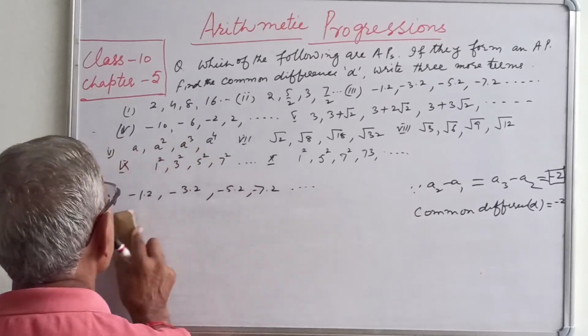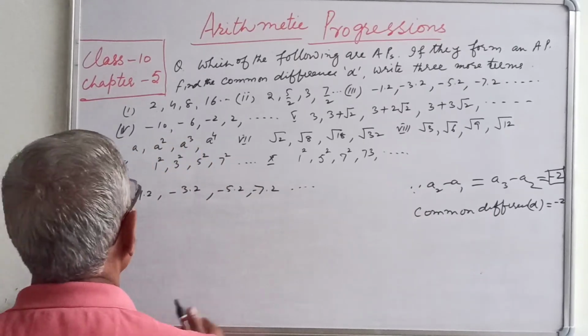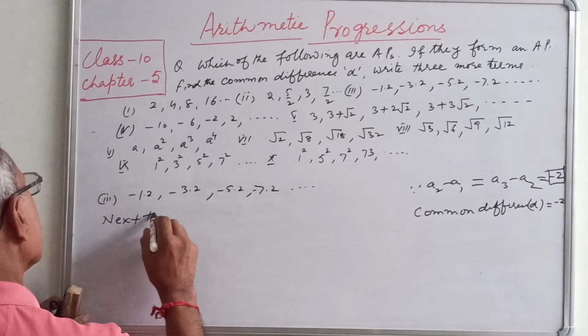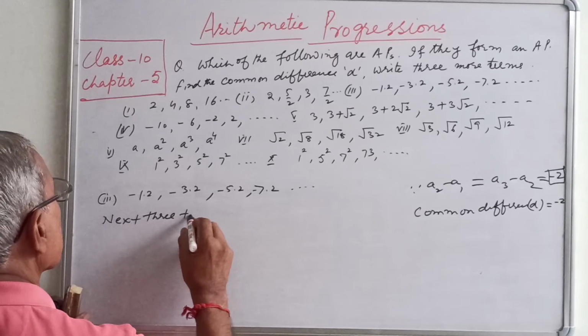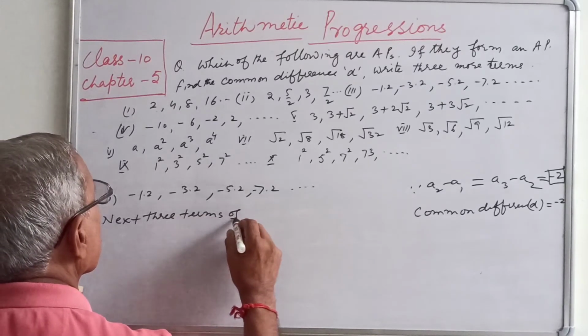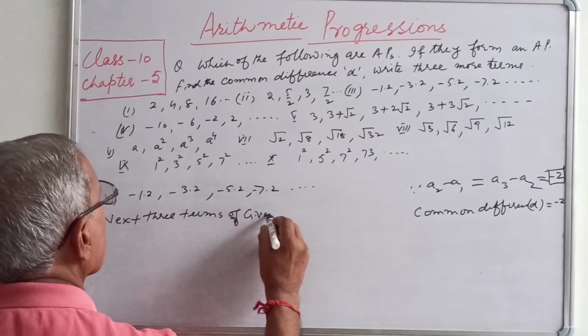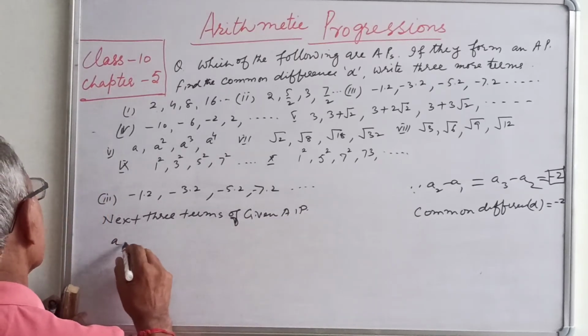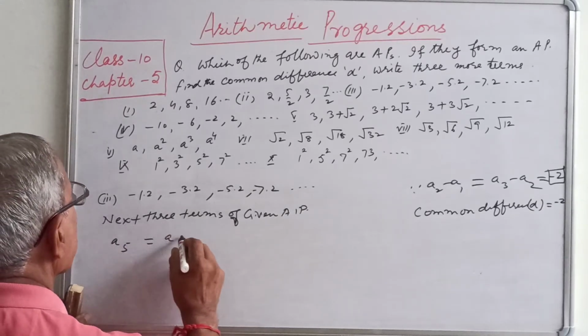So the next 3 terms of the given AP: A5 will be A plus 4D.